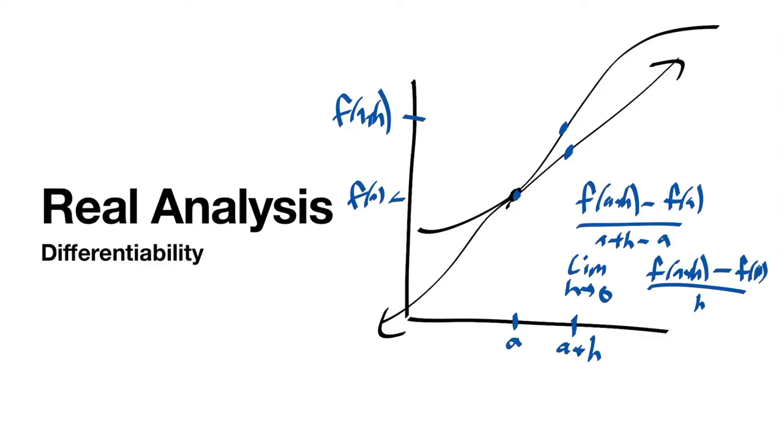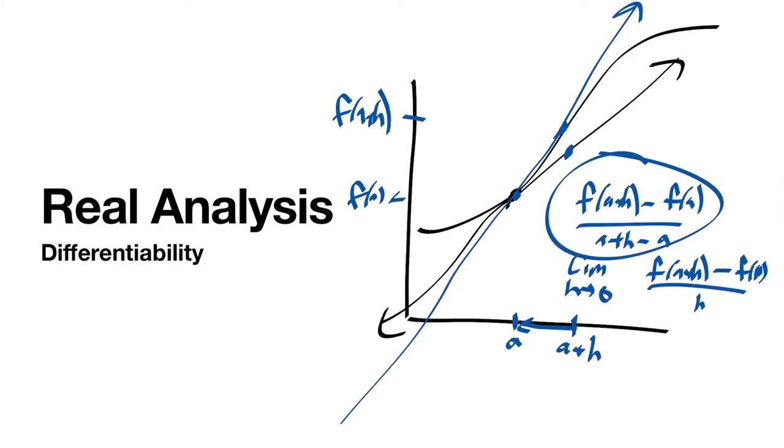Finally, we take the limit as h approaches 0, which makes this point get closer to that point and makes this secant line become closer and closer to the actual tangent line. Okay, wow, this is all awful looking. My graphs didn't work out really well. But hopefully we all remember a little bit of derivatives.